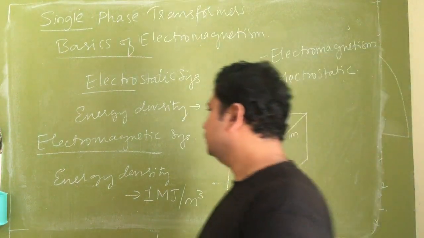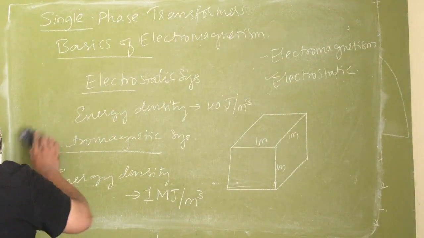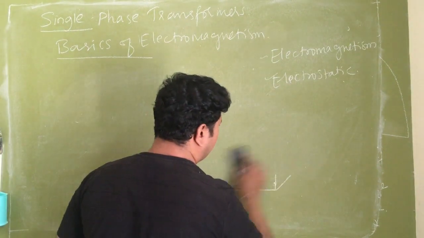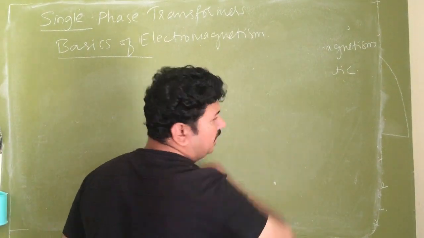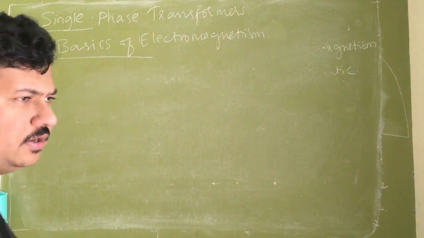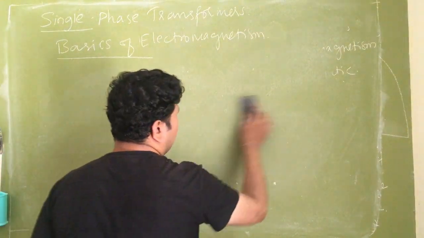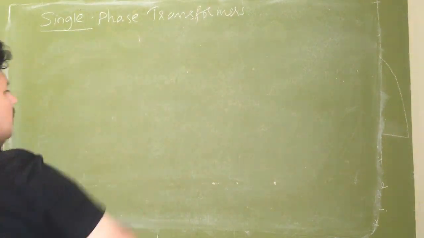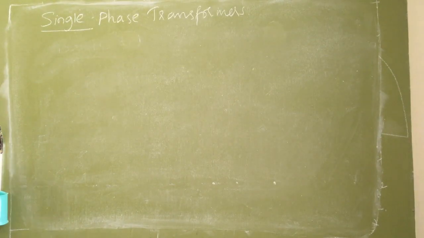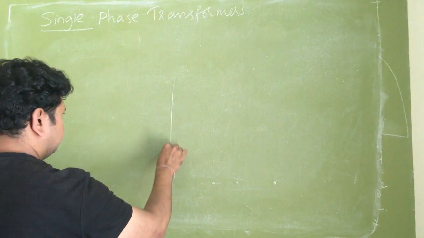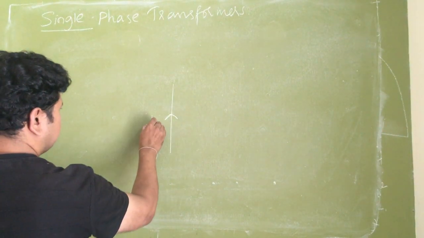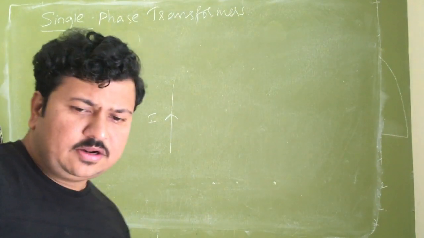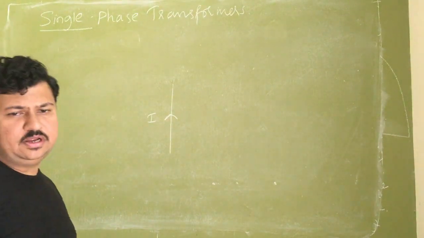Now, how is an electromagnetic field created? We know that I can control the electromagnetic field very conveniently simply by controlling the current. It is very simple: when I take a conductor and make this conductor carry current, then this current carrying conductor will create a flux surrounding it.